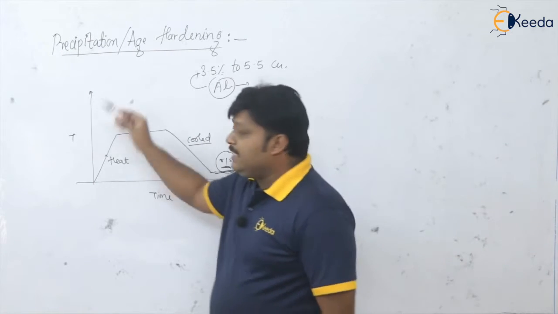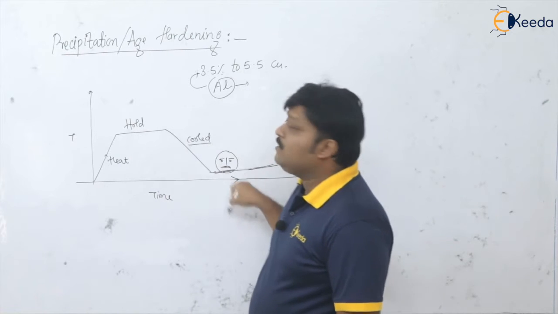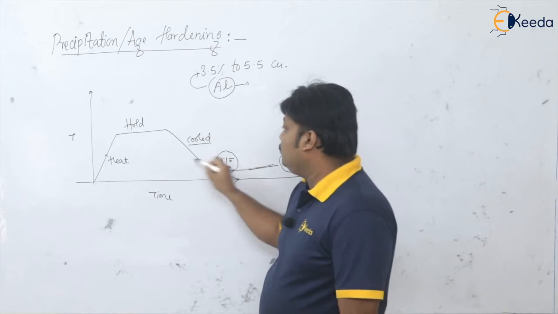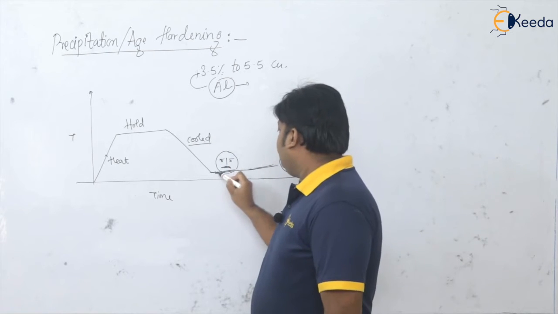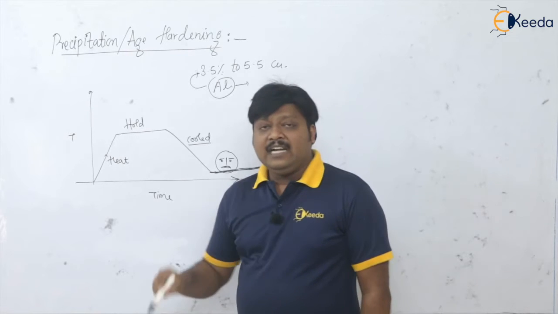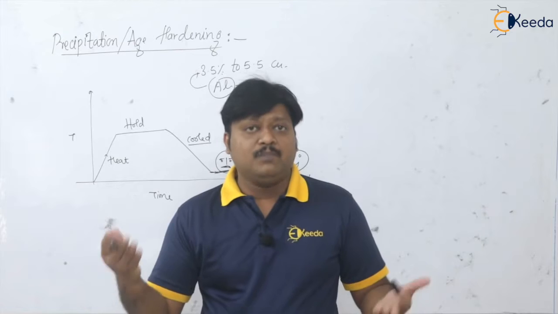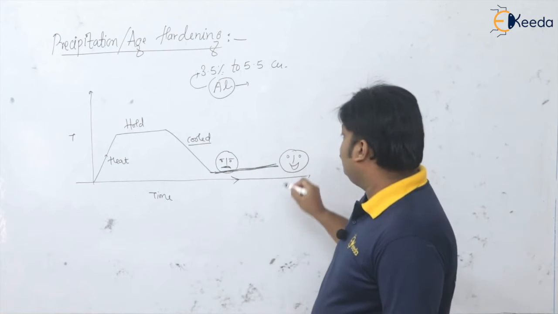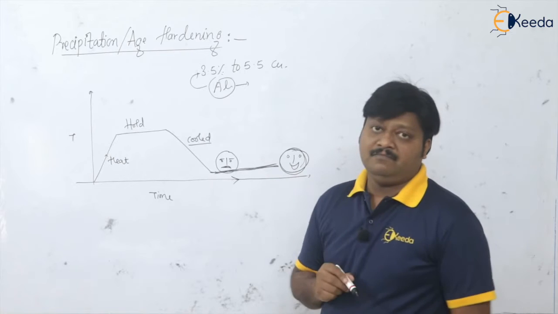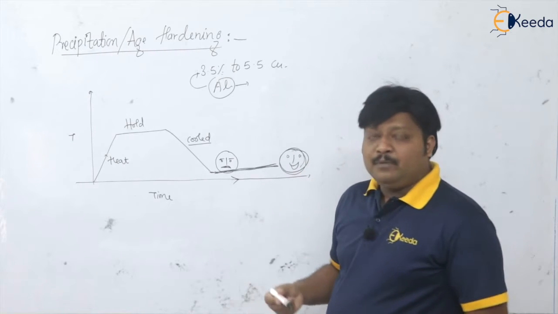Whatever heat treatment we generally follow, heating, holding and quenching, to get martensite I am using the word quenching. So definitely when you quench and leave that specimen as it is for a particular period of time, you will get an increase in the hardness, isn't it? So he was a very happy man at that time.